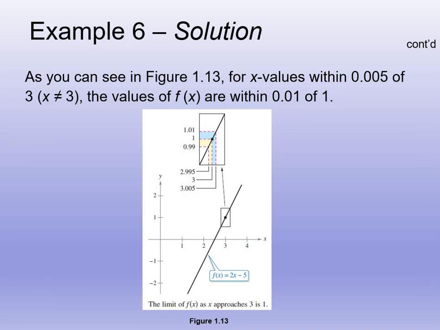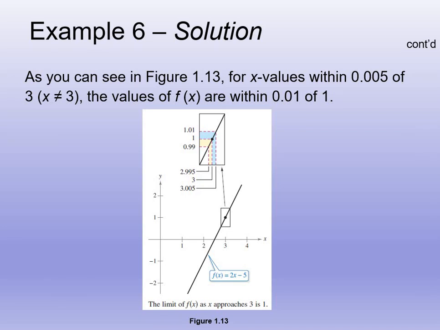Because 1 plus epsilon is 1.01, where epsilon is 0.01, and 1 minus 0.01 is 0.99. So that's our limit plus epsilon and our limit minus epsilon. We needed to find what the delta value is, because around our 3, with an epsilon of 0.01, we had to find what that delta was.